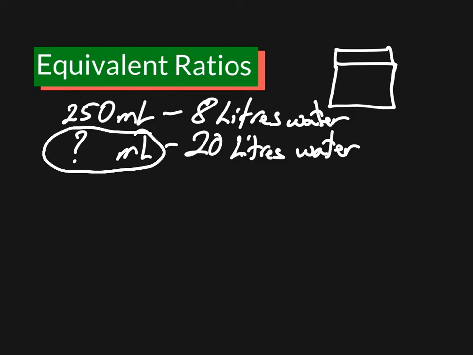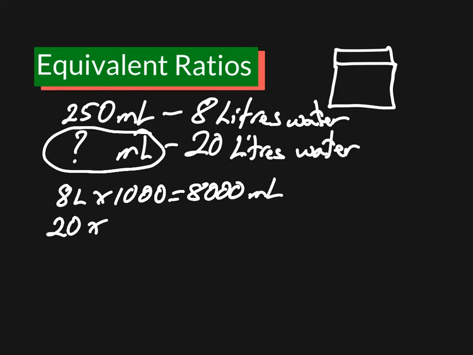So we can do that, in case you weren't aware, by multiplying by 1,000. So 8 liters times 1,000 is 8,000 milliliters. And 20 liters times 1,000 is 20,000 milliliters.